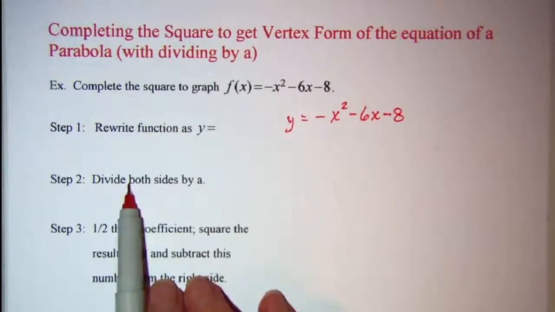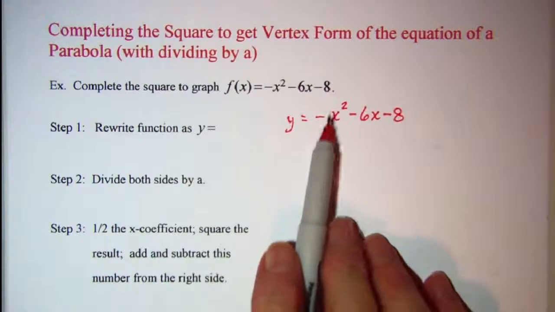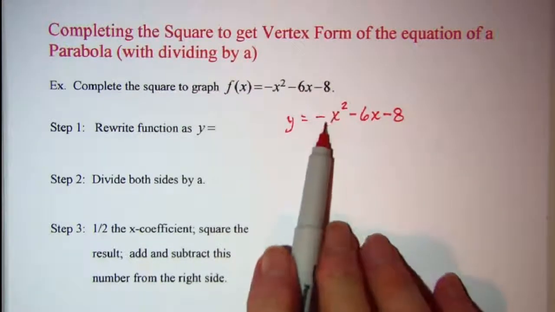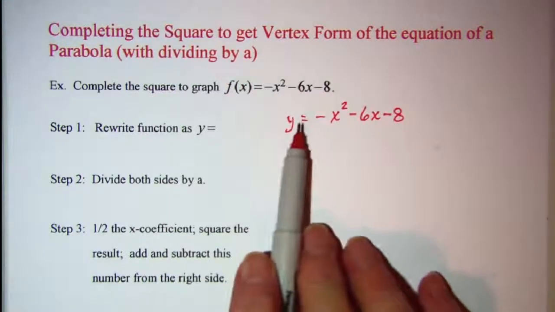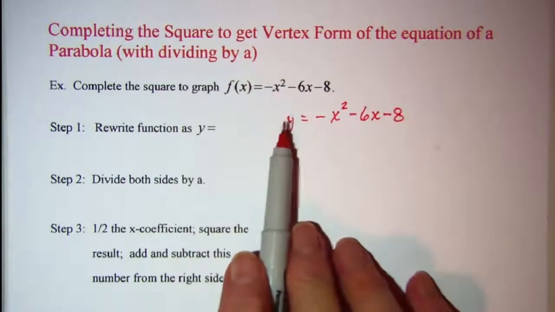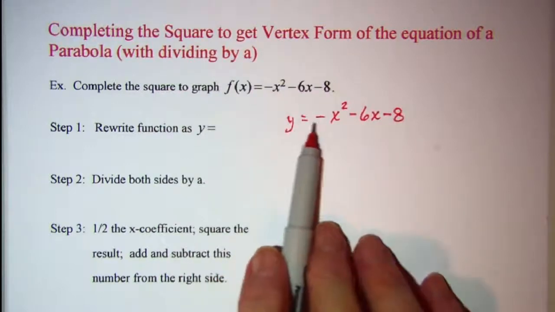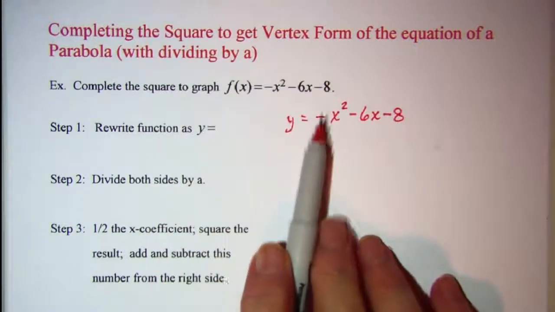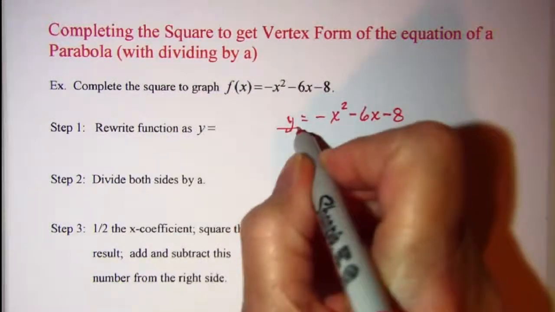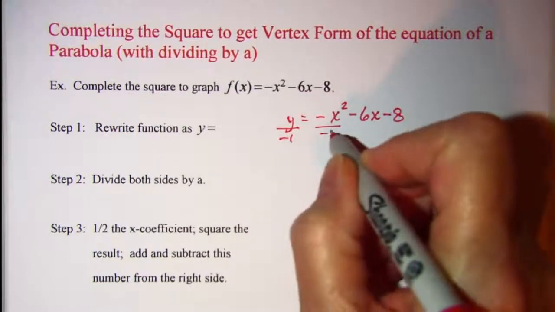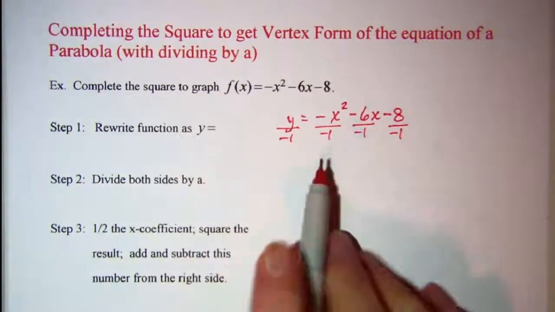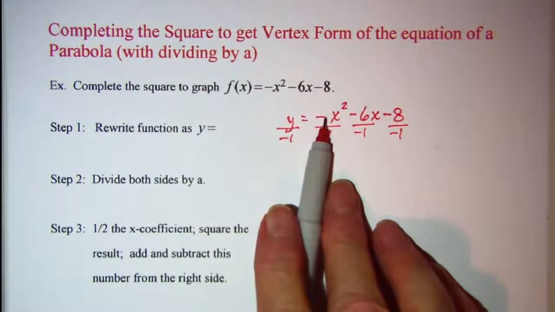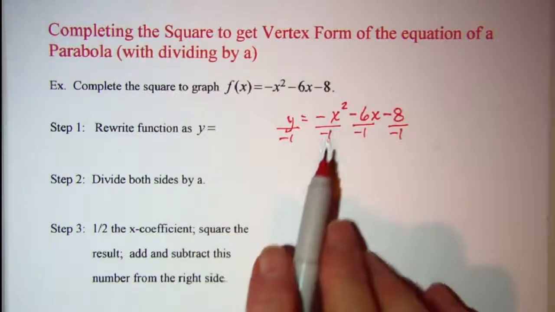And then, because we cannot complete the square if the coefficient of x squared is anything other than 1, we need to divide every term, both sides of the equation, by this negative 1 right here. So you always get rid of that coefficient and make it 1 before you start trying to complete the square.